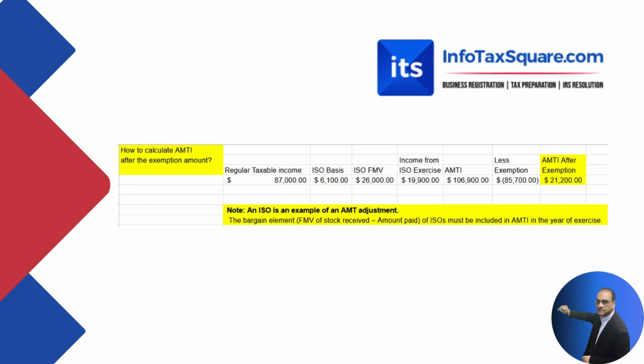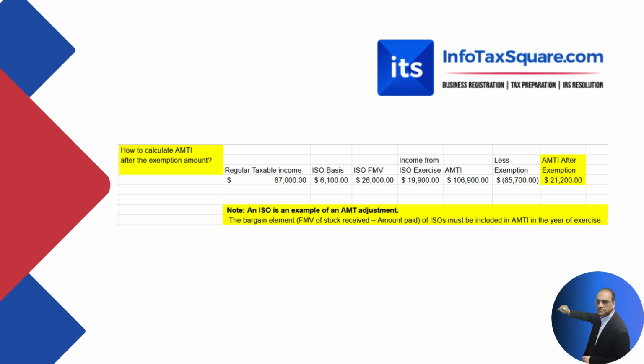So the ISO basis was $6,100, and the fair market value was $26,000. And the difference was $19,900 by the exercise, which she excluded. We have to add it back in order to determine AMTI.